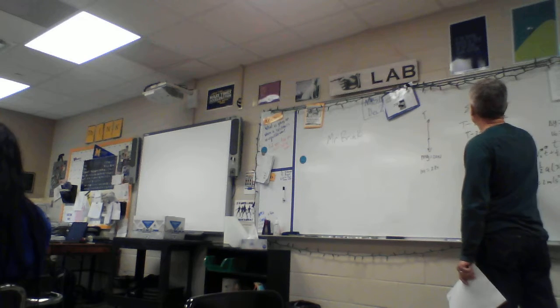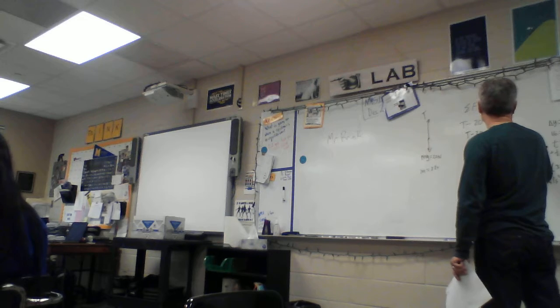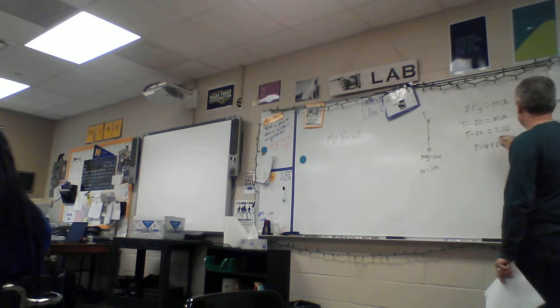And then I can plug that back in there. That's 4 plus 20, a force of 24 newtons, or tension of 24 newtons. All right, turn the page and do 14 and 15.